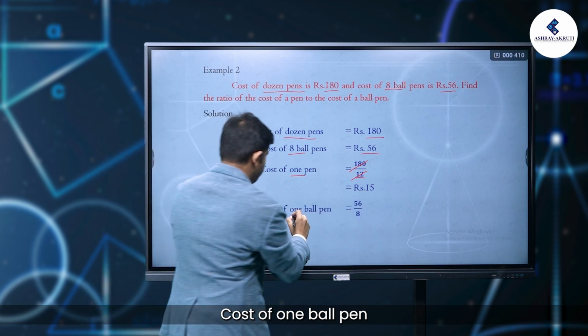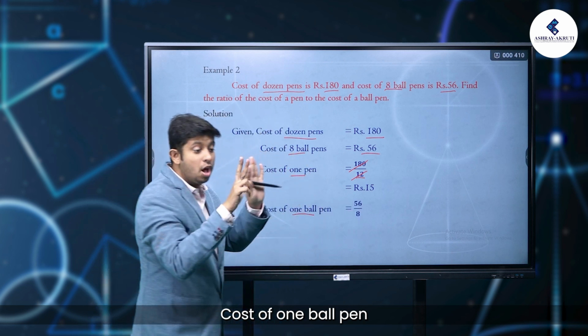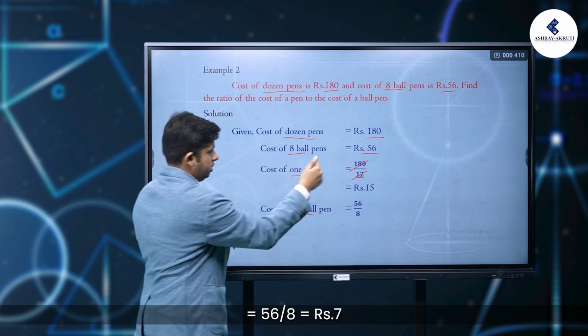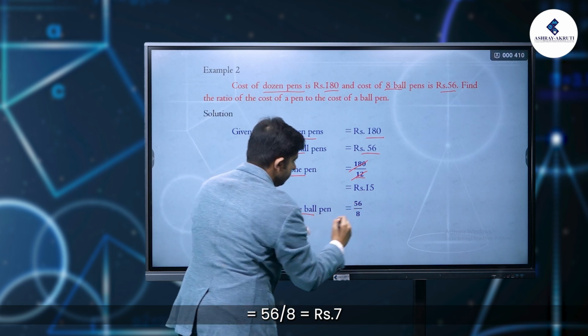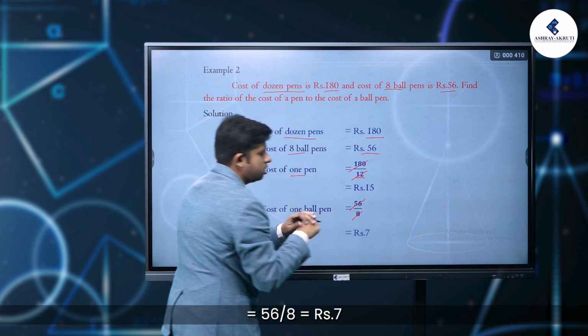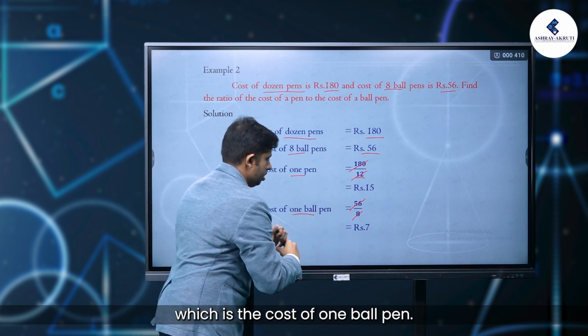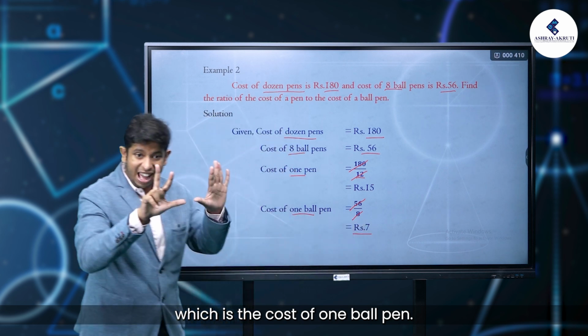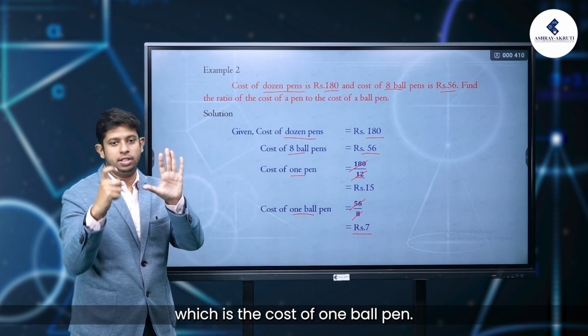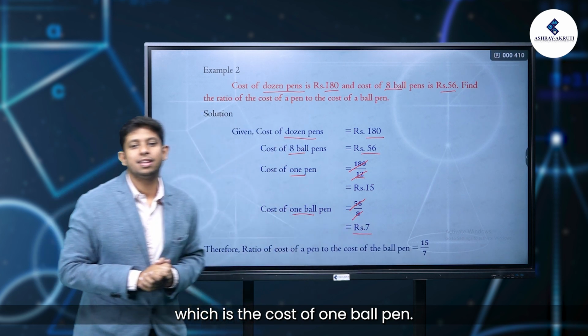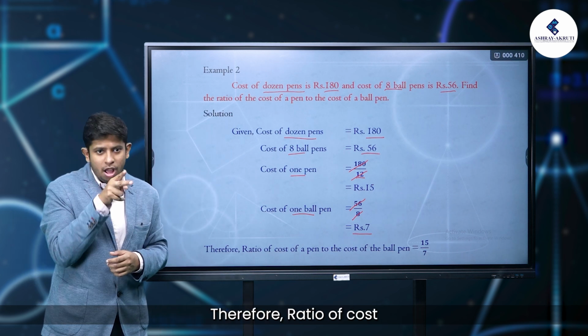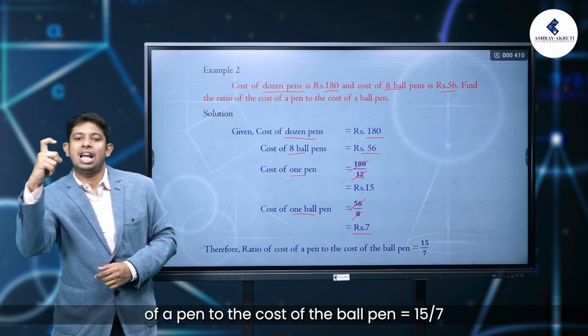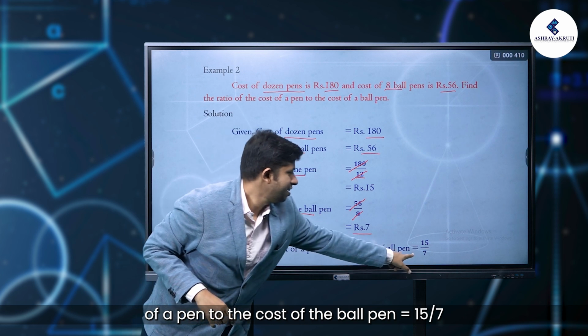Cost of 1 ball pen is equal to 56 by 8, equals to rupees 7, which is the cost of 1 ball pen. Therefore, ratio of cost of a pen to the cost of the ball pen is equal to 15 by 7.